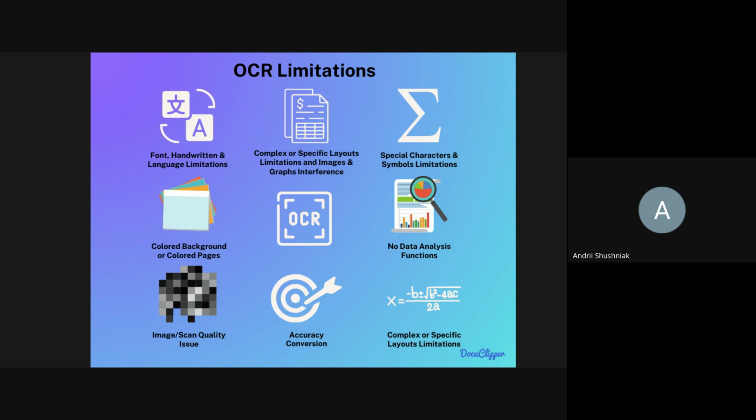Complex layouts, again, a big pain for classical OCR that does not understand context and tries to read characters and text as they are, based on hard-coded rules. A good example is columns. OCR reads text in lines, and when you have a table, for example, the table has headings, and underneath those headings there is text. OCR will not understand that the text belongs to the headings.